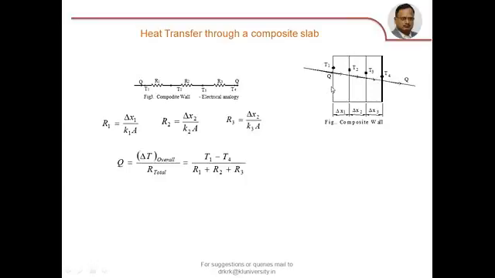But according to law of conservation of energy, if the heat entering into the wall is Q, the heat leaving from the wall should be also Q when there is no internal heat generation.